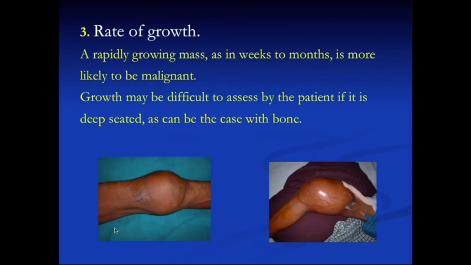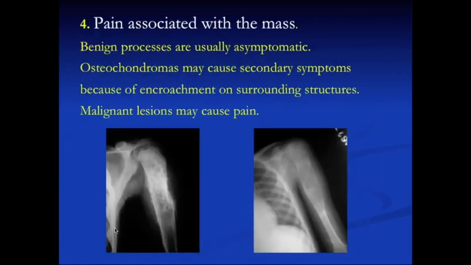Pain associated with the mass is very important. Benign tumors are usually asymptomatic, as I told you. However, as they grow large in their size, microfractures happen within them, and that causes pain.